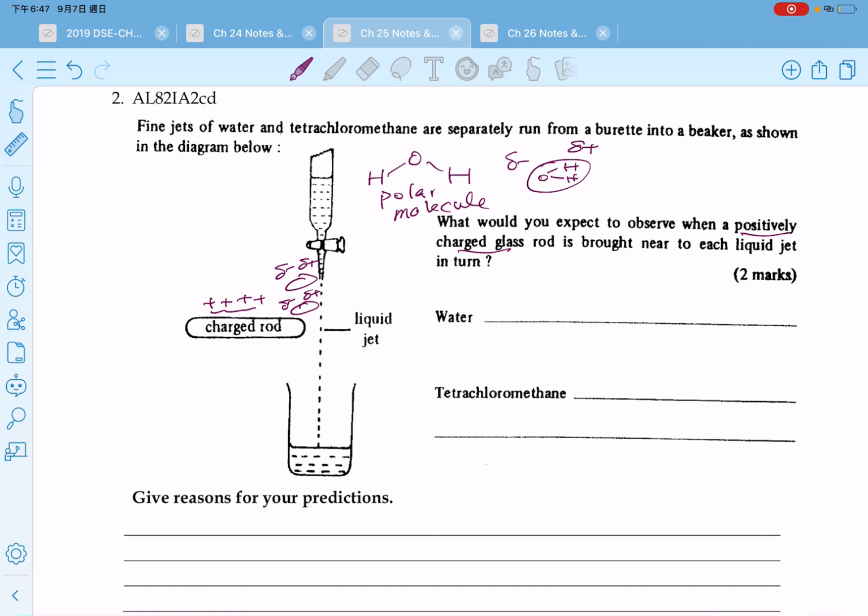As a result, the liquid will be bent near to the charged rod. When water is going down, we find that it is no longer moving in a straight line. Instead, it bends. So we say that the liquid jet bends.